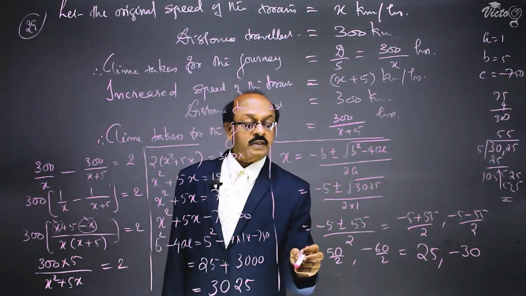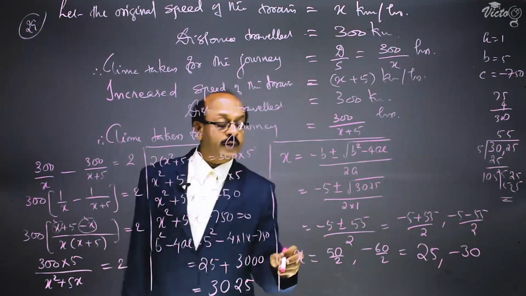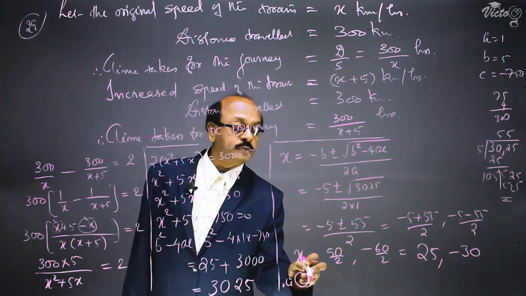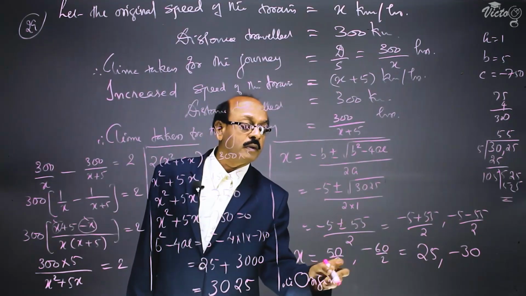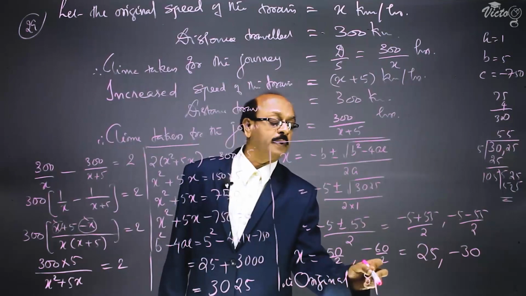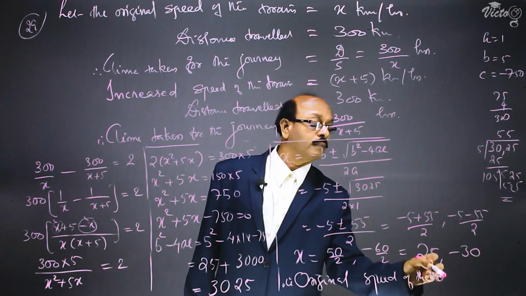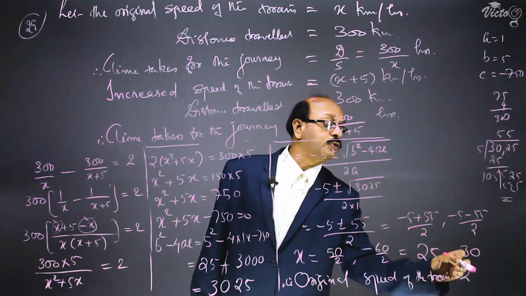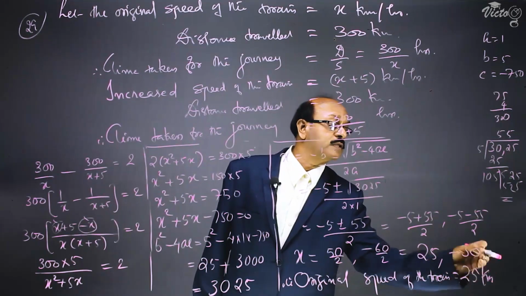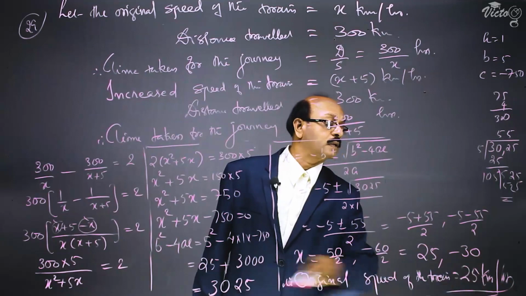So the original speed of the train is equal to 25 kilometers per hour, which is the answer.